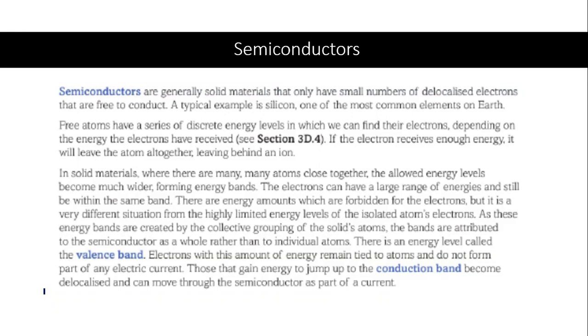The energy levels tend to combine together, and they form these energy bands. So what is an energy band? An energy band has multiple energy levels inside of it. An electron, for example, can be in the same energy band, but it can have a range of energies.